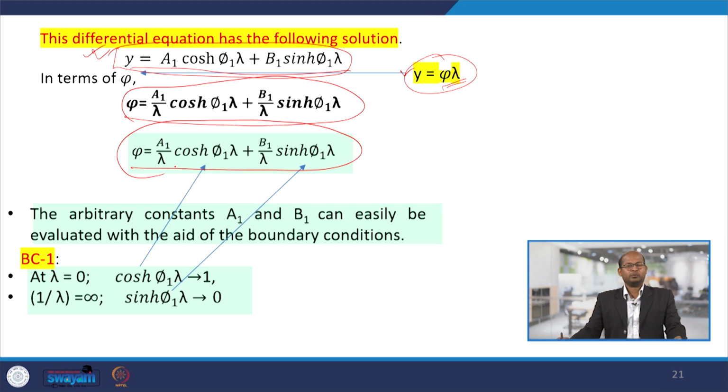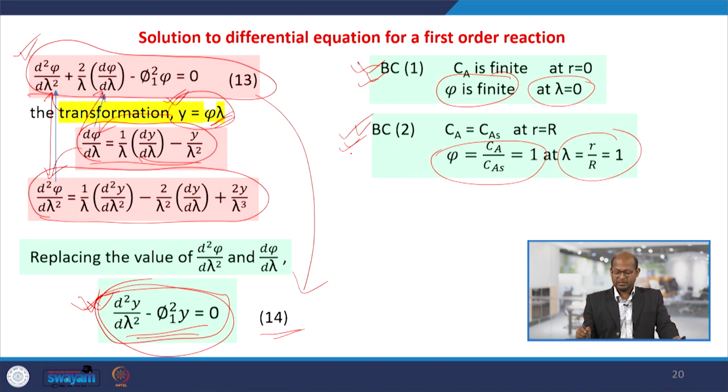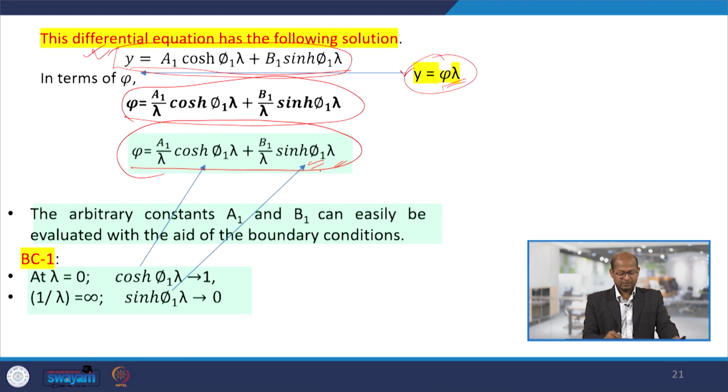So phi equals a 1 by lambda cosh phi 1 lambda plus b 1 by lambda sinh phi 1 lambda. Here lambda is the dimensionless length I said, psi is the dimensionless concentration, Ca by Cas, lambda equals r by R, the dimensionless radius, and phi is the Thiele modulus for first order reactions.